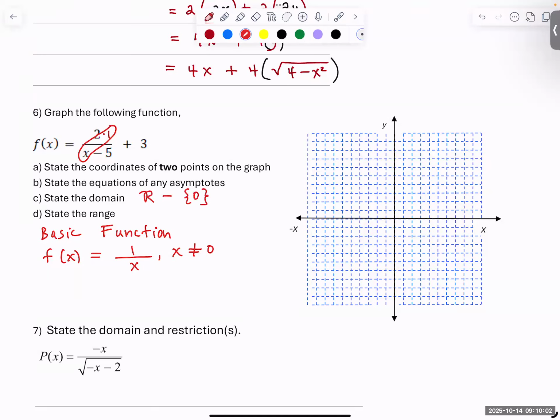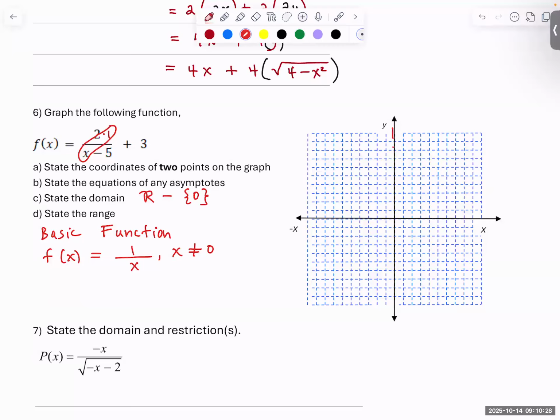0 is the restriction. And since x cannot equal 0, and every point on the y-axis has an x-coordinate equal to 0, no point of the graph can be on the y-axis. So the first asymptote or boundary line is the y-axis.